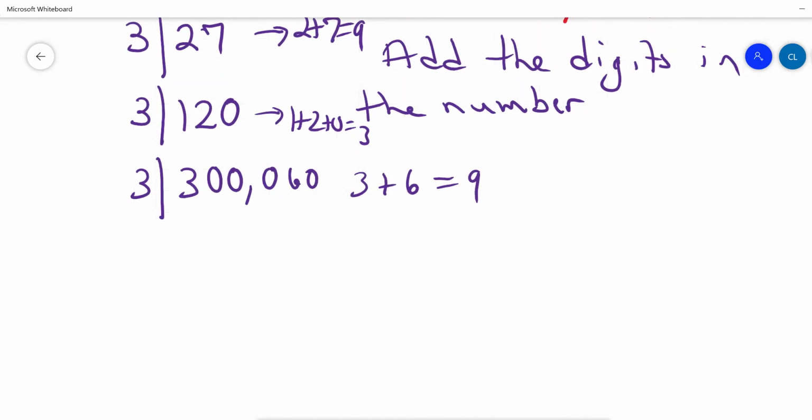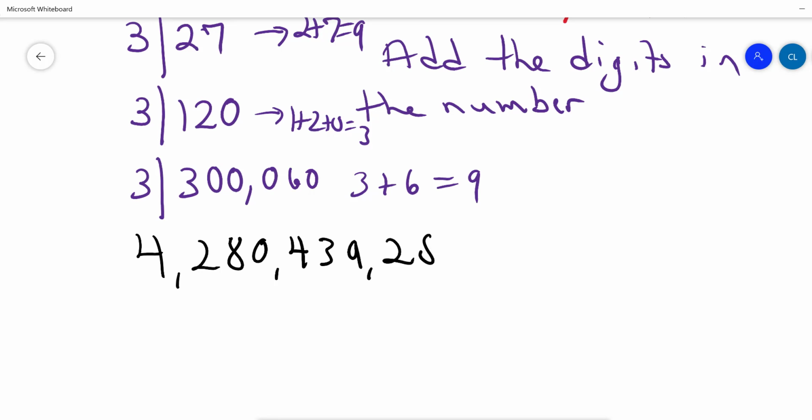So if we had a very large number, let's say we had this. To determine if this is divisible, first let's check for divisibility by 2. We see that it ends in a 4. So yes, this number is divisible by 2. Is it divisible by 3?